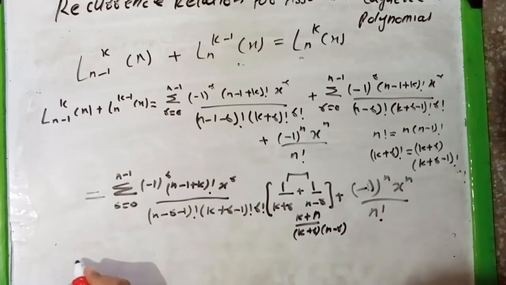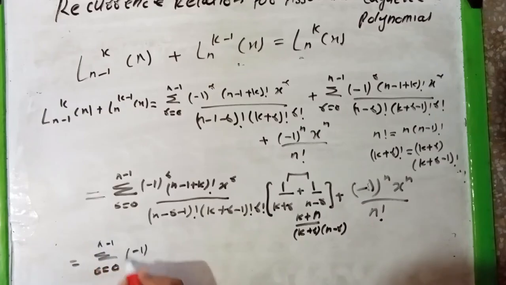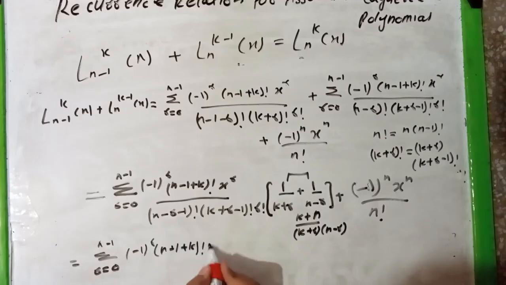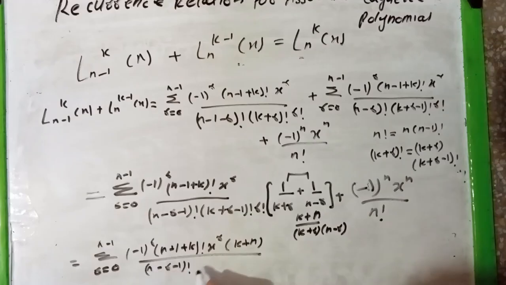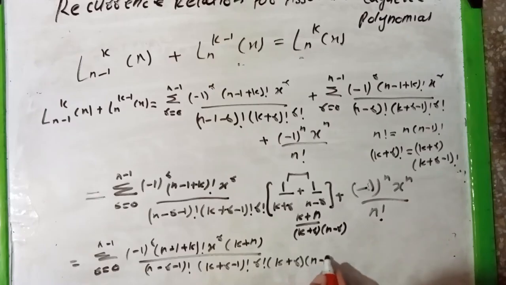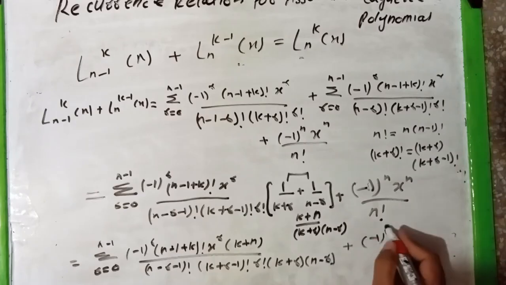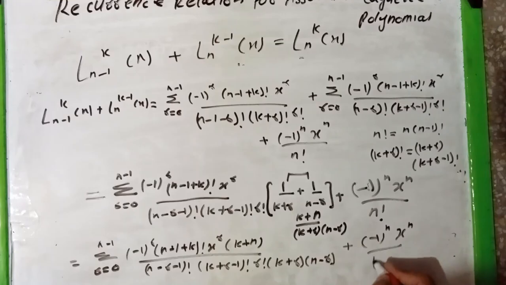So this becomes summation r is equal to 0 to n minus 1 of (-1)^r (n-1+k)! x^r multiplied by k plus n over (n-r-1)! (k+r-1)! r! (k+r)(n-r), plus (-1)^n x^n over n!.